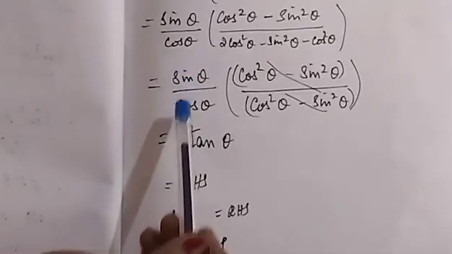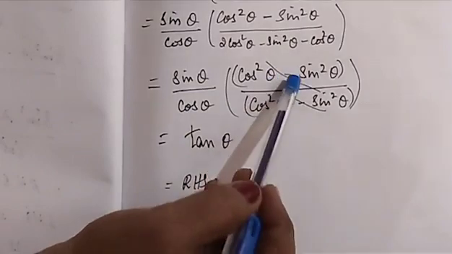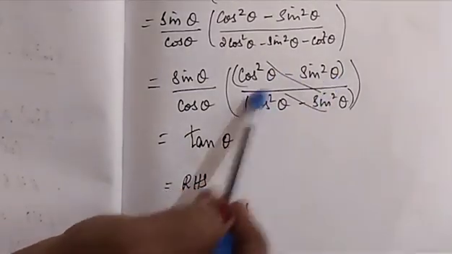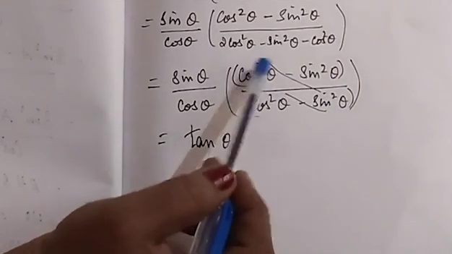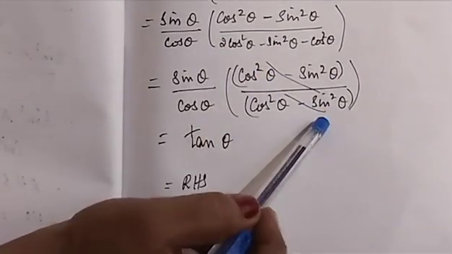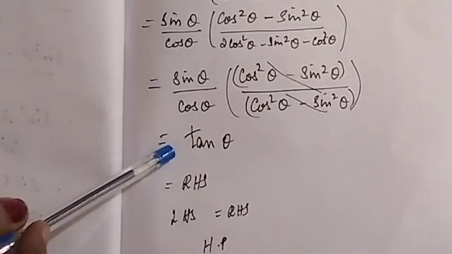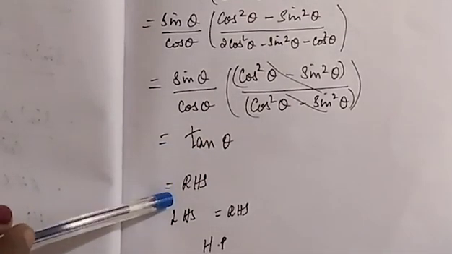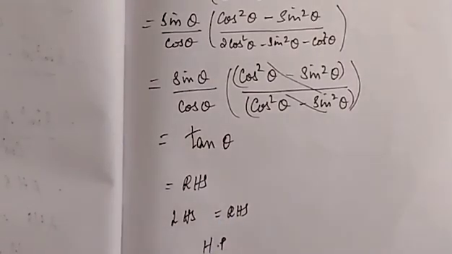Now sin theta upon cos theta, and in the bracket cos squared theta minus sin squared theta upon cos squared theta minus sin squared theta. So cancel these two. You will get sin theta upon cos theta is equal to tan theta. So left hand side is equal to right hand side. Hence proved.